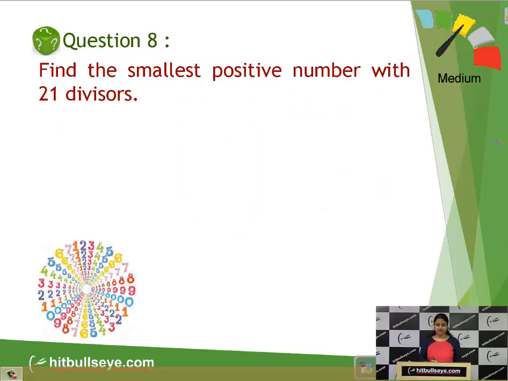Now see this question. It says find the smallest positive number with 21 divisors. Good question, medium level. See, as we know that 21 can be written as either 21 or 3 into 7. These are the only two possibilities to write 21.